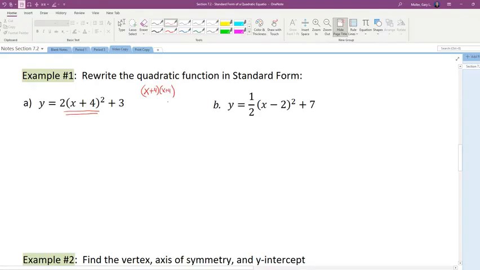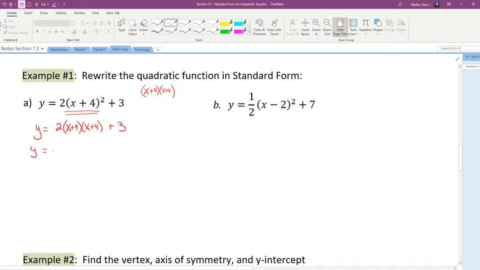Like we've established that in the past. That's something that we forget, and a lot of kids forget throughout the years. So the answer to this question is going to be y equals 2 times x plus 4 times x plus 4 plus 3. So we're going to FOIL the x plus 4's together, or use our shortcut.